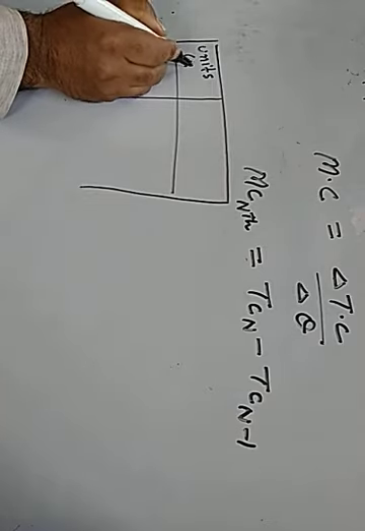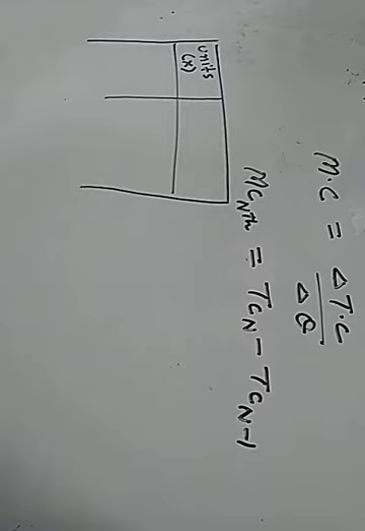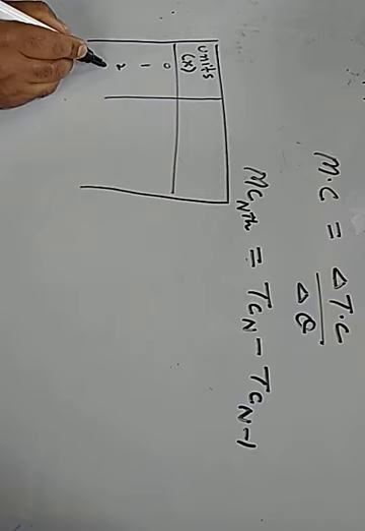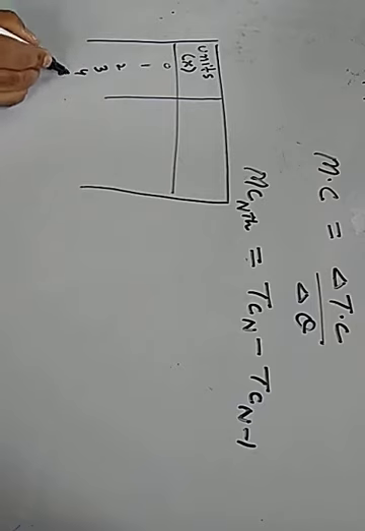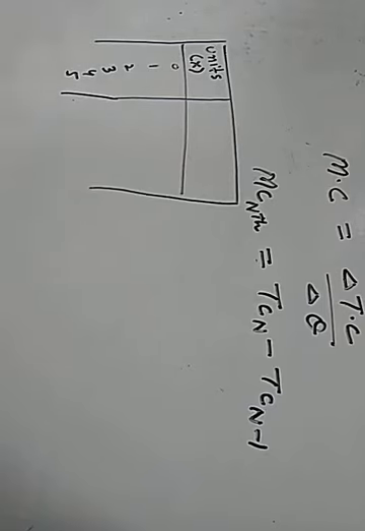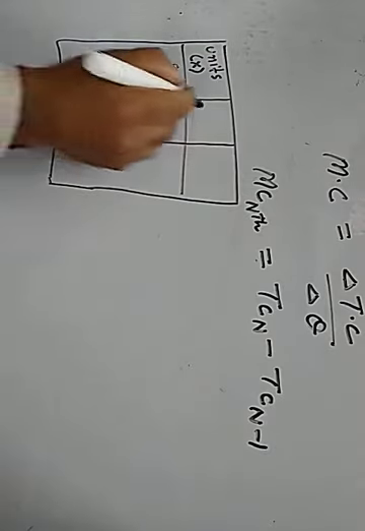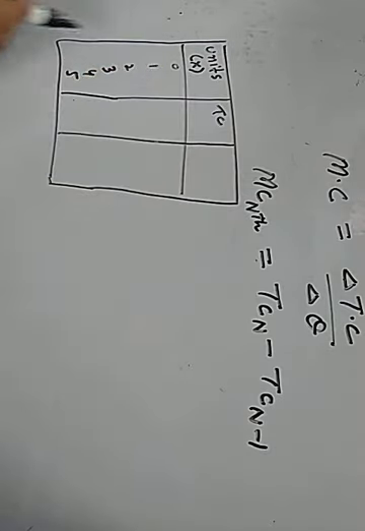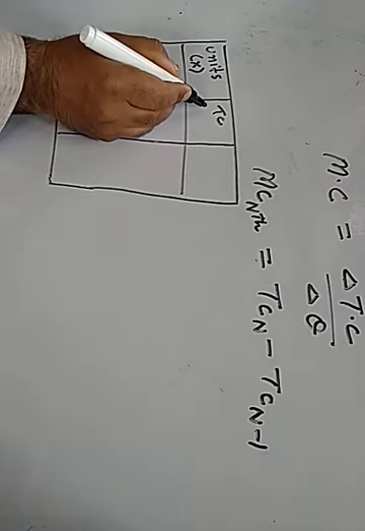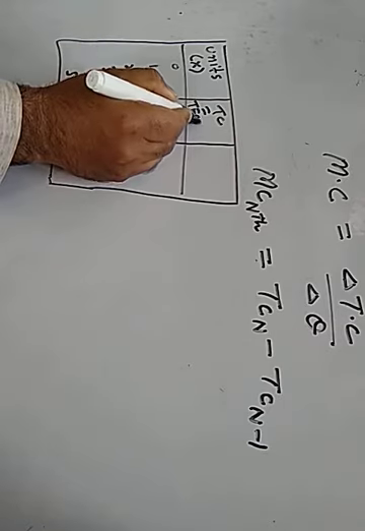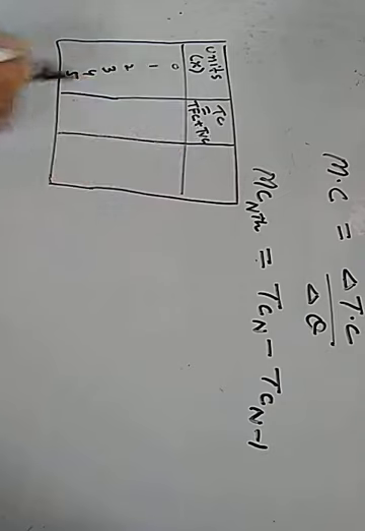Suppose that is denoted by X. X is any commodity: 0, 1, 2, 3, 4. We will take up to 5 units of X commodity. In the next column, we will take the total cost of producing these units of commodity X, which is equal to total fixed cost plus total variable cost.